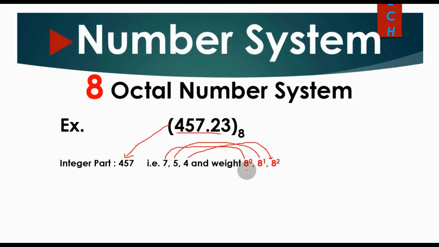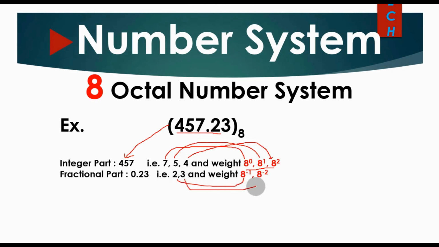This is also called the multiplier. For the fractional part 0.23, the weight for 2 is 8 to the power minus 1, and the weight for 3 is 8 to the power minus 2.